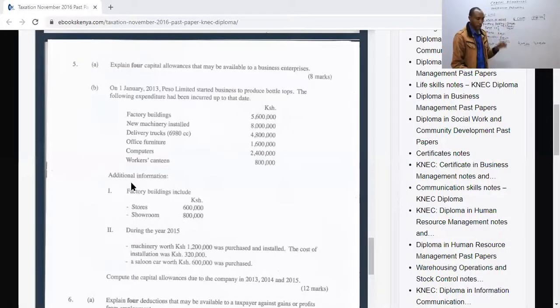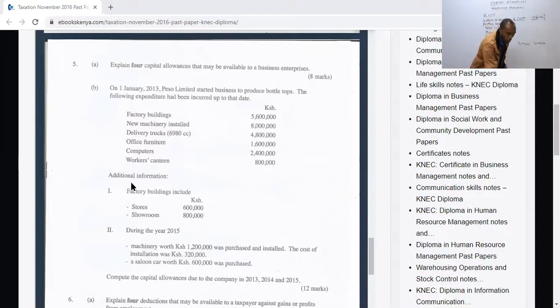We have new machinery installed, that is not for ID. Delivery trucks, that is not for ID. Office furniture is not for ID. Computers is not for ID. Workers' canteen is not for ID. So whatever is, there's a machine somewhere, new machinery which was installed. So that one qualifies for ID only.